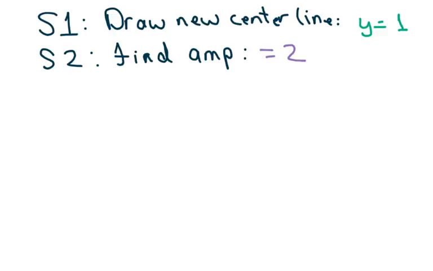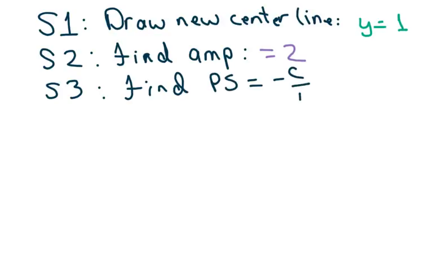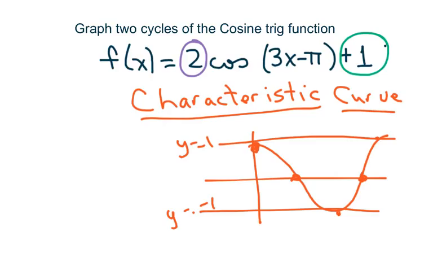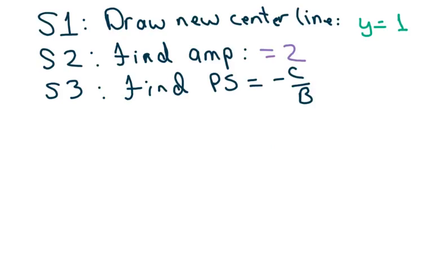Step 3 is to find the phase shift, the horizontal shift, which is negative c over b. I go back, and this is my c and this is my b. So it's going to be negative negative pi over 3, which equals pi over 3.